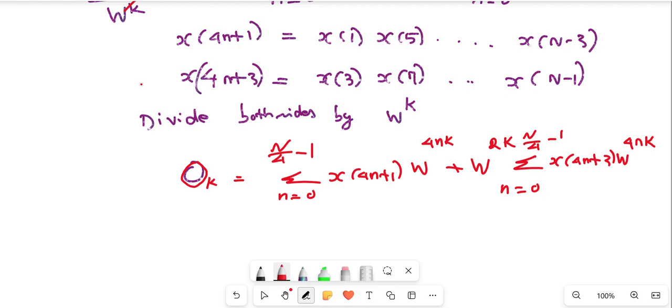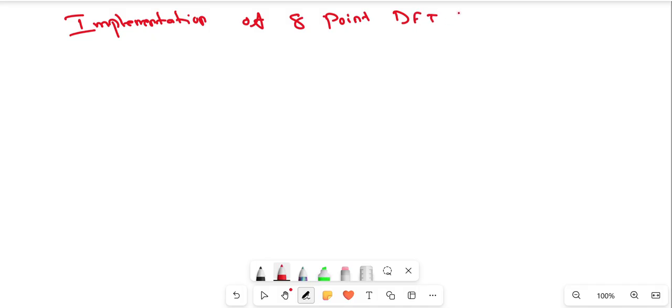So for the implementation of the equation, we will take the 8-point DFT butterfly structure, butterfly diagram.